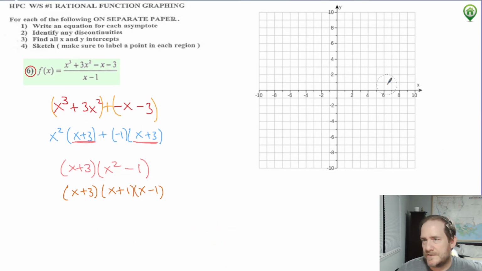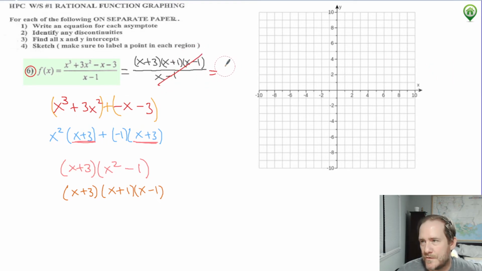So that means that this whole function factored is (x plus 3)(x plus 1)(x minus 1) over (x minus 1). So this is my factored form. Get those parentheses in there. Denominator doesn't need them. But now this cancels.